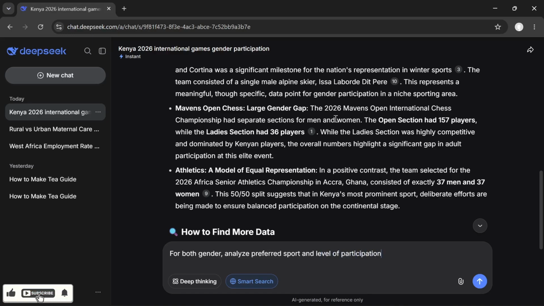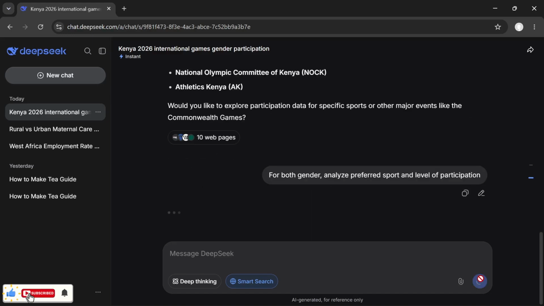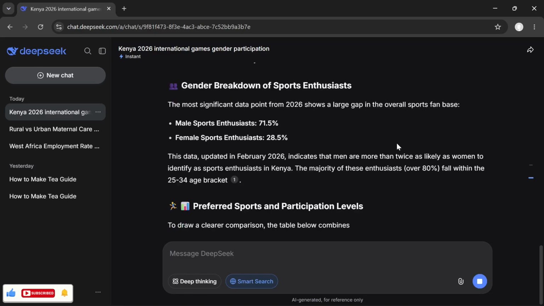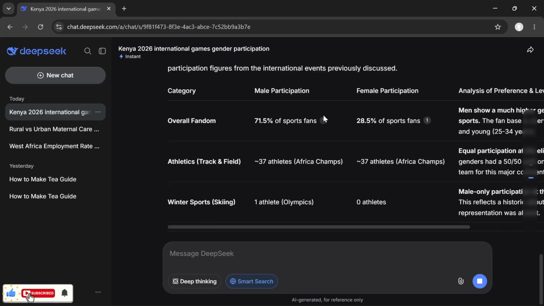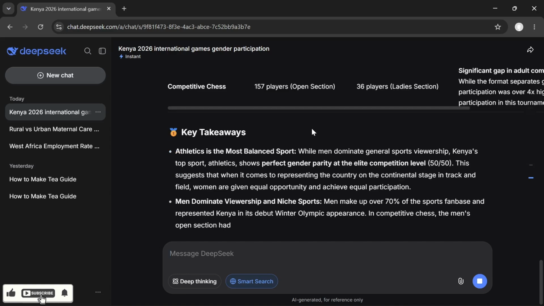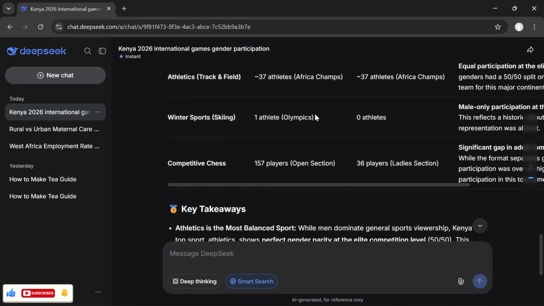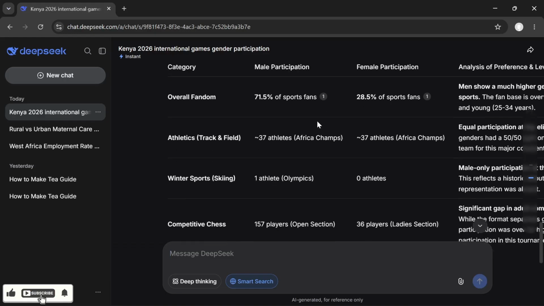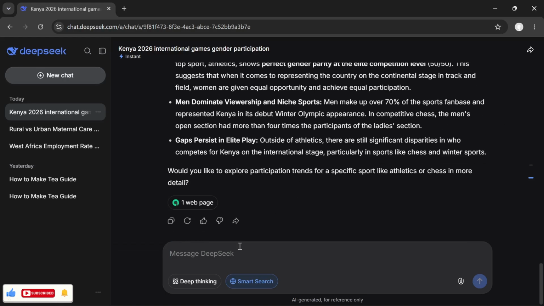So we started with comparison, and this second question is going further to get deeper insight into this problem. This is the layering technique mixed together with comparison. Okay. And you see the answer is also deep, giving you very deep insight.